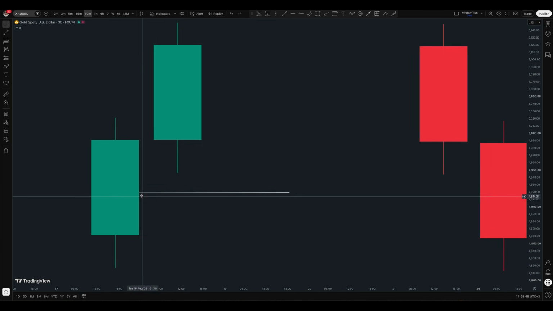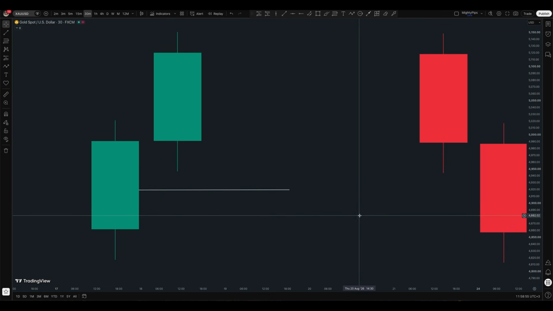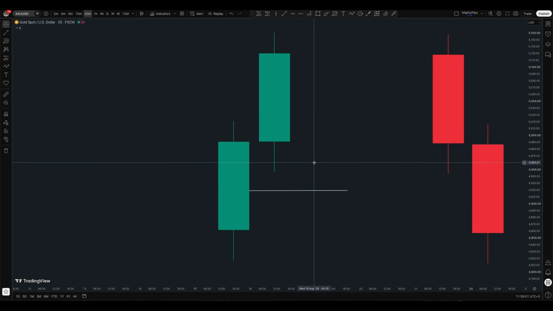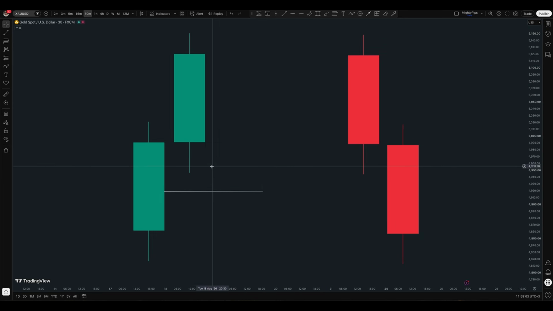So after you've drawn the 50% level, you can delete your Fibonacci and then you have this line right here, okay? So now what you're going to do is when this candle here is printing, you're going to wait for this candle here to close.